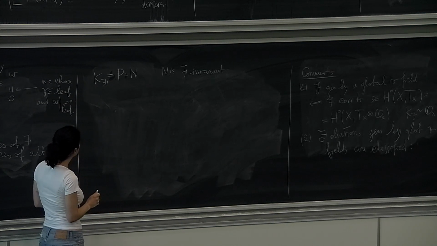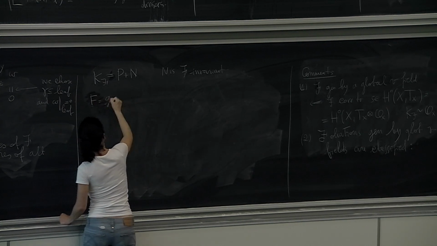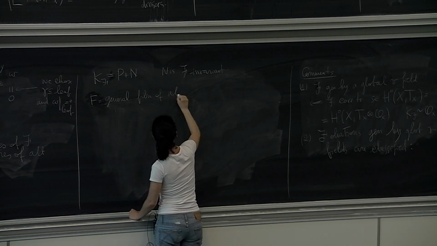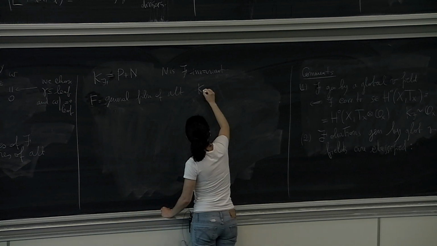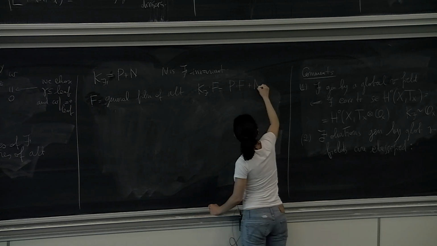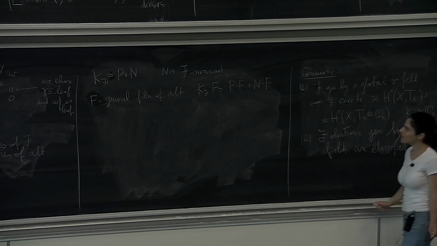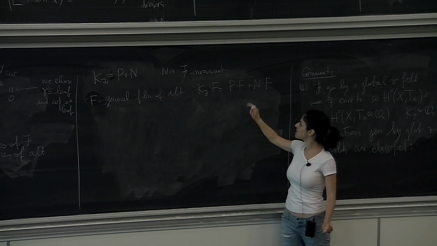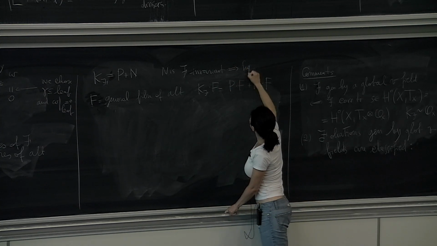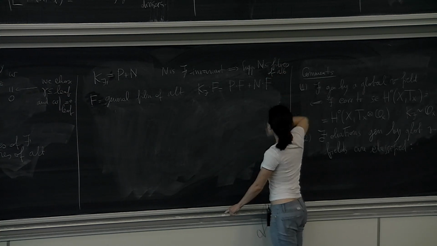So if we consider F a general fiber of Alb, then the intersection product of KF and F, the fiber, is P times F plus N times F. But N being F invariant means that the support of N is contained in fibers of the Albanese map.